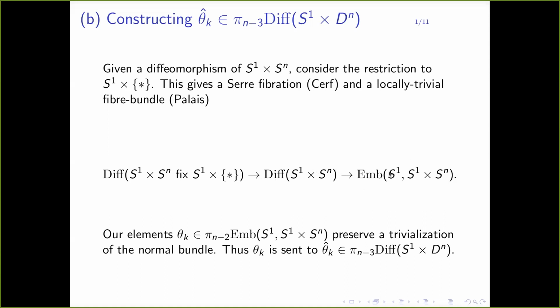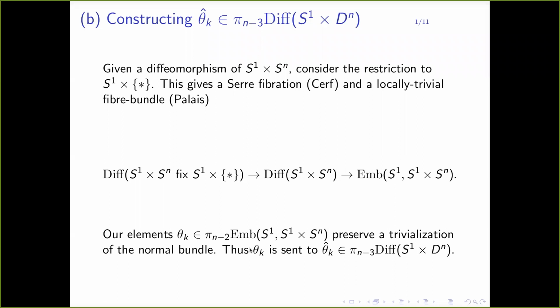So it gives you a map of spaces, and the fiber over a point is the space of diffeomorphisms of S1 cross Sn that fix whichever embedding you chose here. If I choose the standard S1 cross a point, I would get diffeomorphisms of that type. Now, our family of embeddings, theta k, the way we chose them by resolving a double point, you can also make them embeddings that preserve a trivialization of the normal bundle.